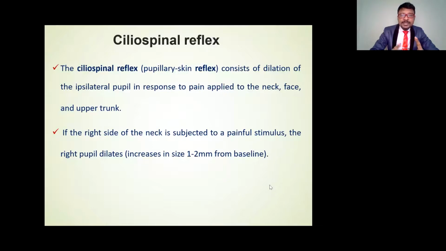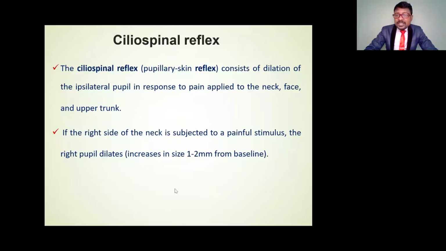We already discussed that this is a polysynaptic superficial reflex. The stimulus in the neck, face or upper trunk goes to the center, and in between it is connected with the interneuron. So it gives the response of dilation of the pupil.